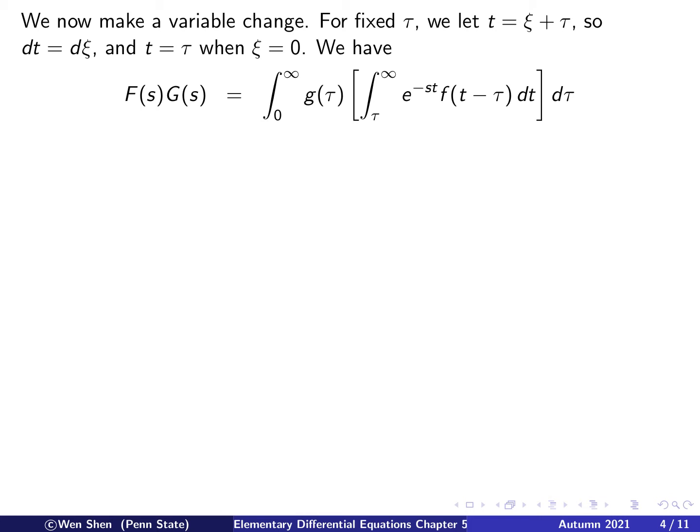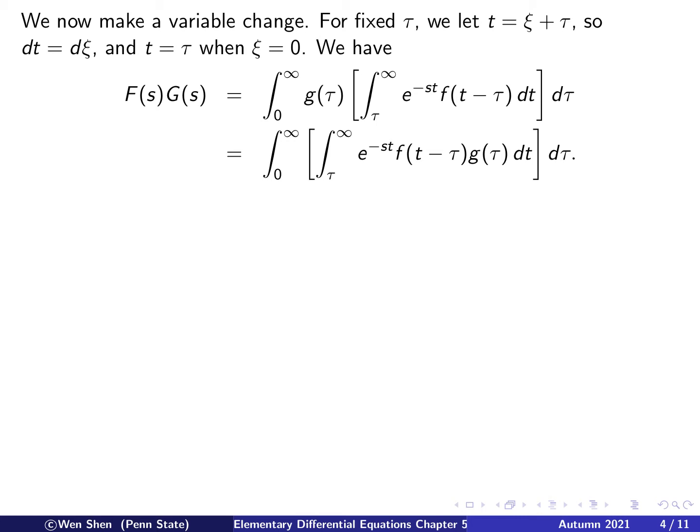Then we can rewrite the internal integral here into integrating from tau to infinity e to the negative st f of t minus tau dt. And now, since g of tau doesn't have anything to do with t, which is the integration variable here, it's treated as a constant for this integral, and therefore we can move it in, and then we can write it like this.